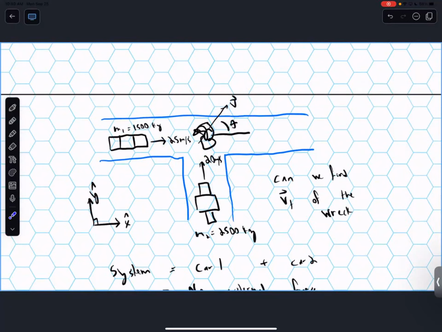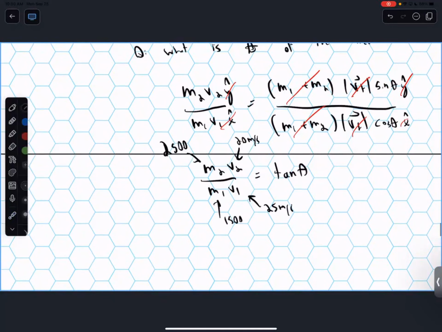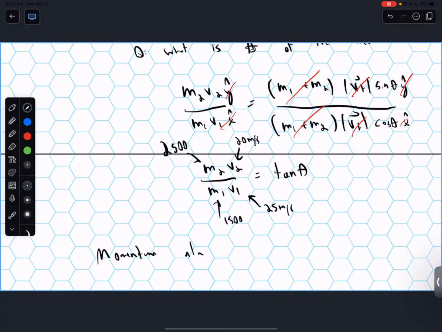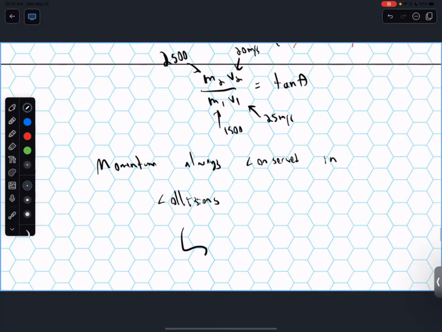Okay, I'll just mention one thing because this is going to come up real quick. Momentum is always conserved in collisions, but energy is not always conserved.